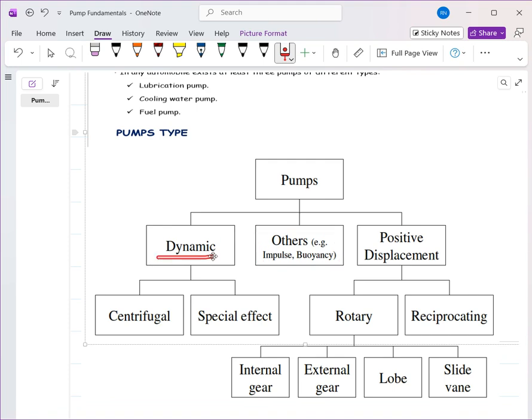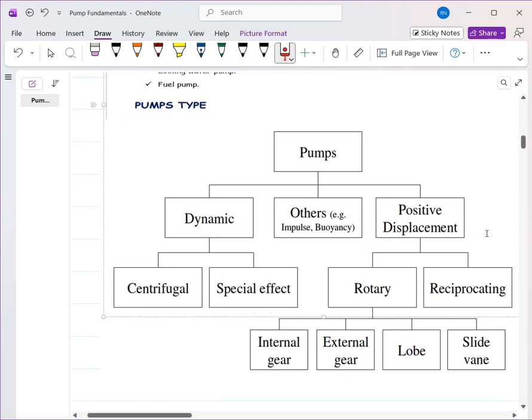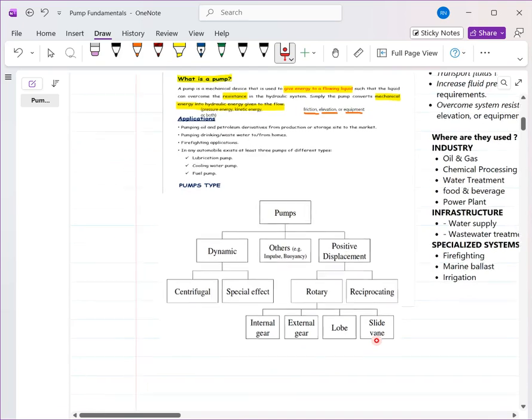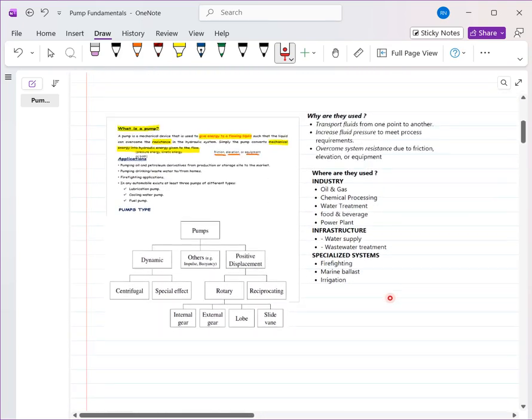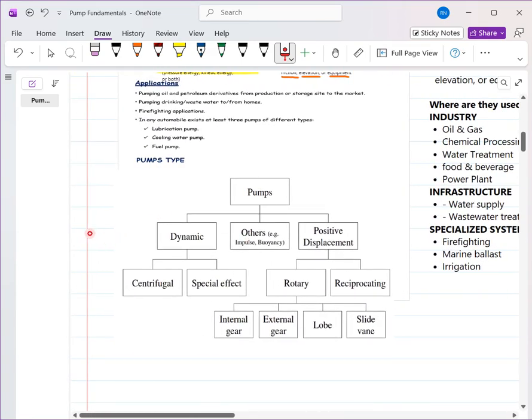So now the dynamic pumps. These pumps impart kinetic energy, which is converted into pressure energy. These are the pumps which convert kinetic energy into pressure, right?